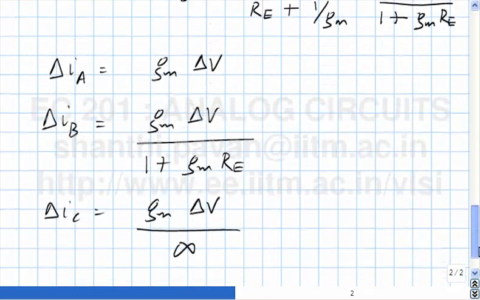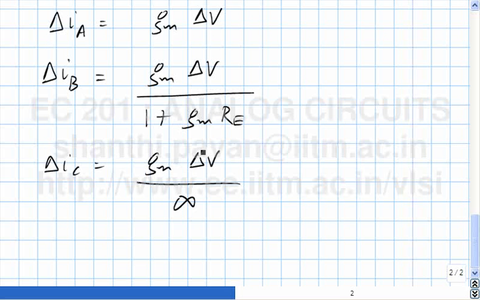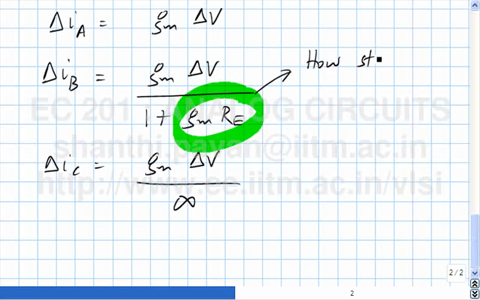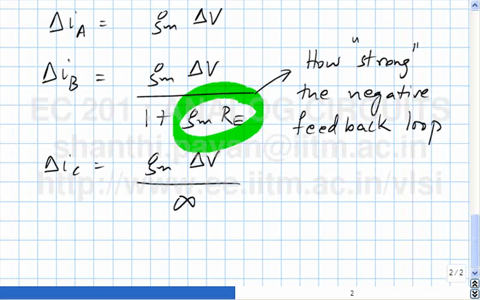Looking at these expressions, can you tell me what number represents the strength of the feedback loop? It is GM RE. This represents how strong the negative feedback loop is.